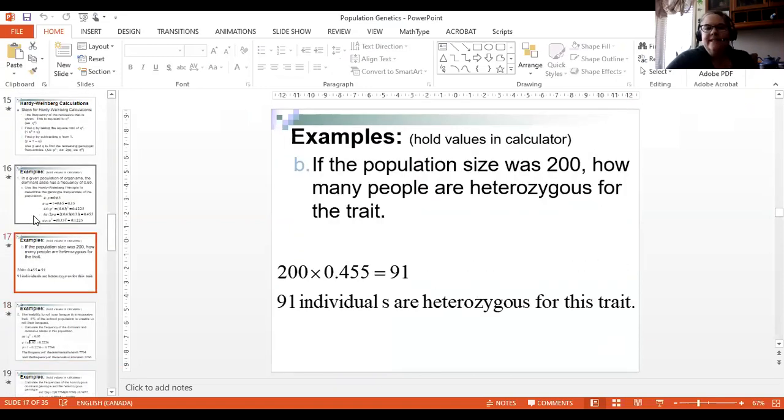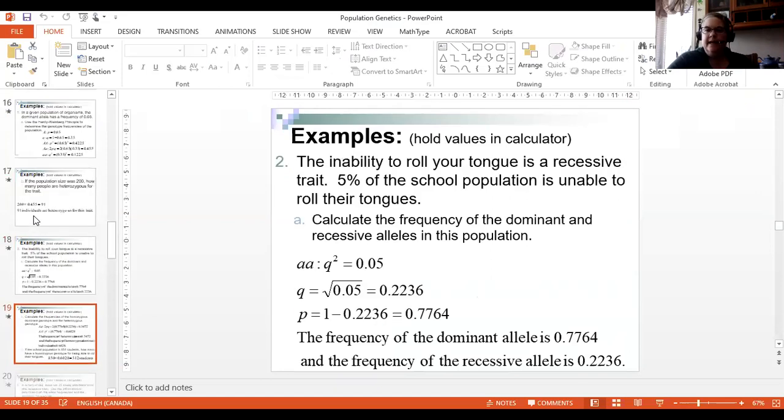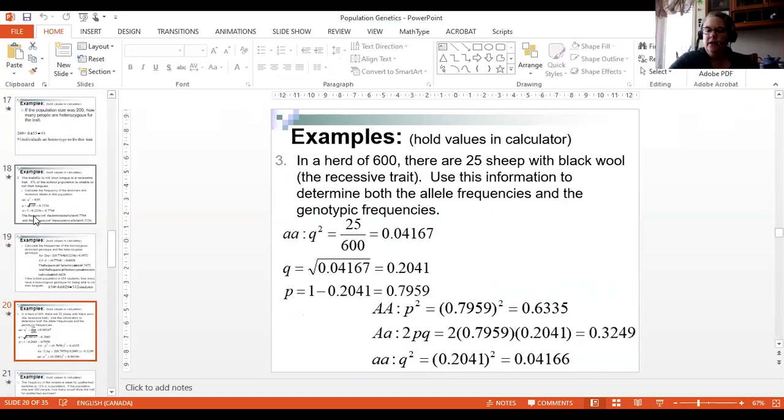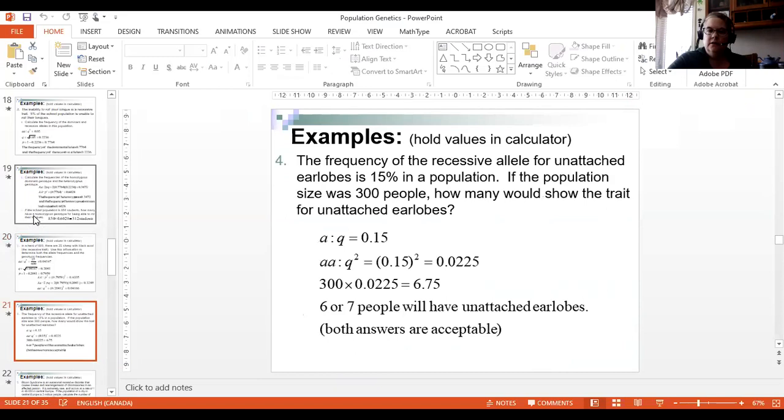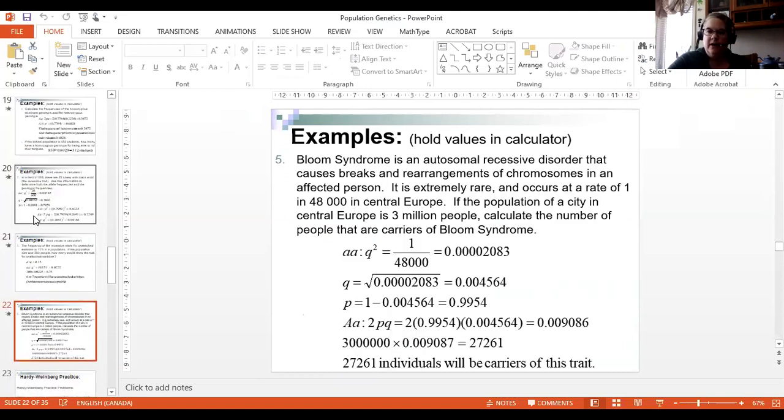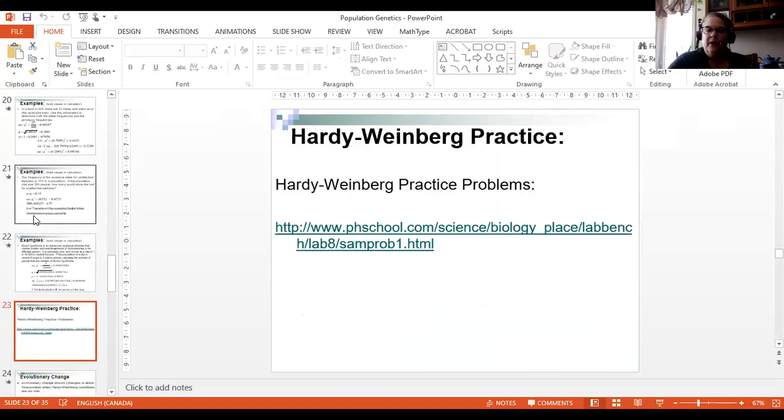I didn't go through all of these examples, but the examples were there, and I had put in my notes on the Google Classroom stream to go through these on your own and then do the practice sheet. On the practice sheet, I gave you answers. So I posted answers there in my population genetics folder on Google Classroom with classwork.